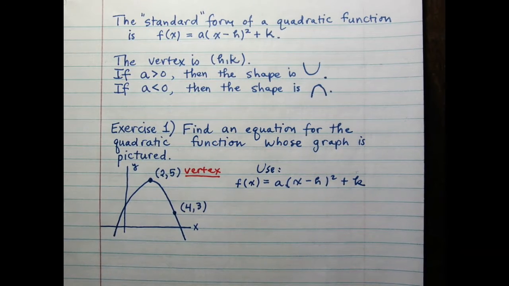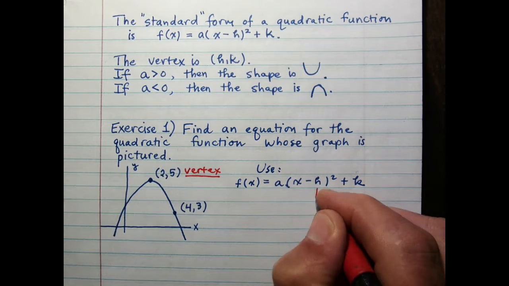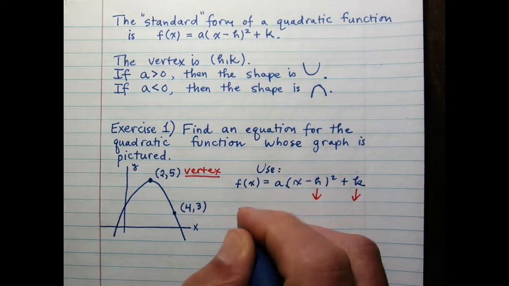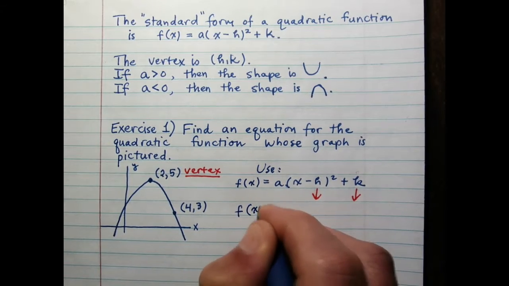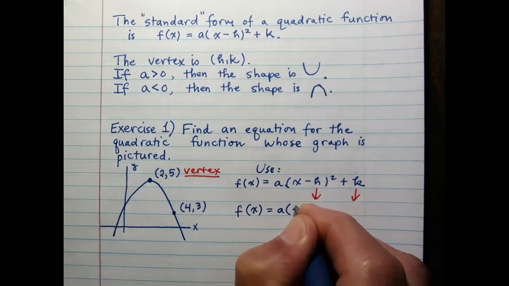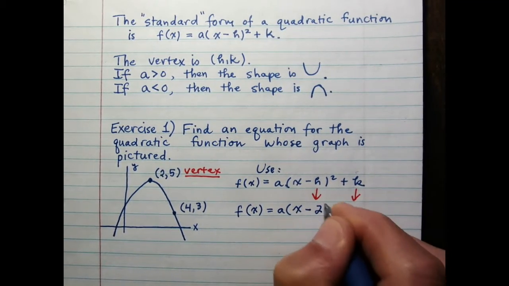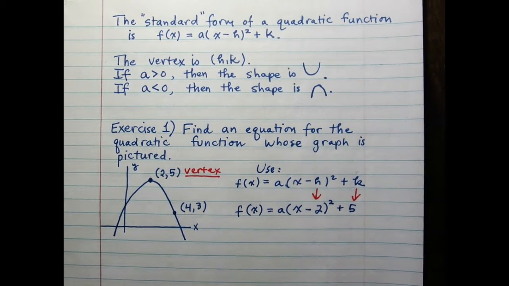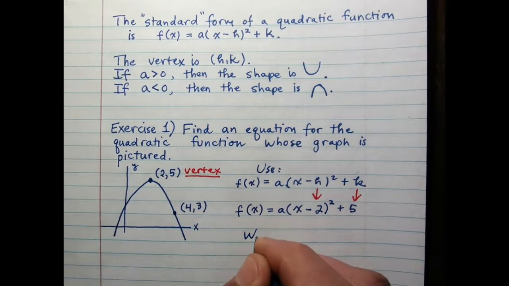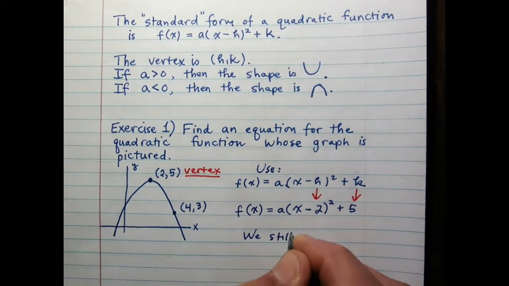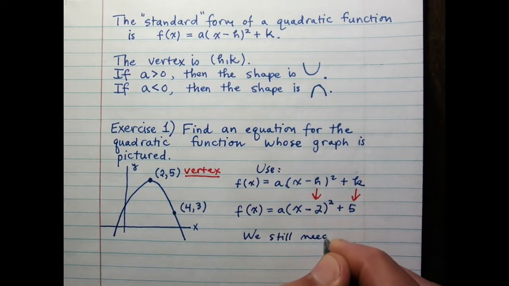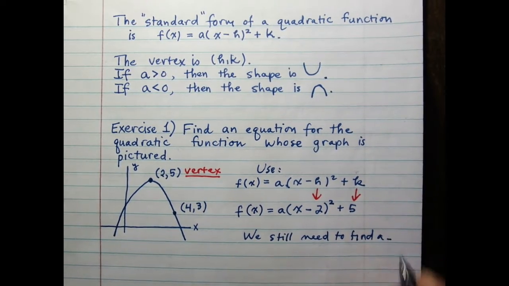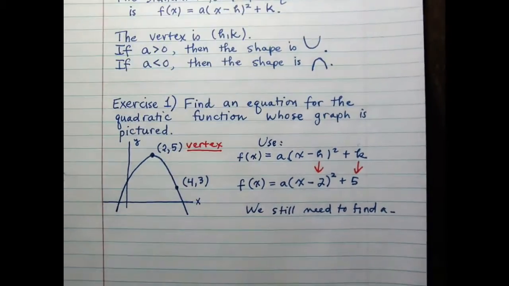I can just plug in a value for h and a value for k, and so I have f of x equals a times (x minus 2) squared plus 5. And so we still need to find a value for a, the other constant in that formula.